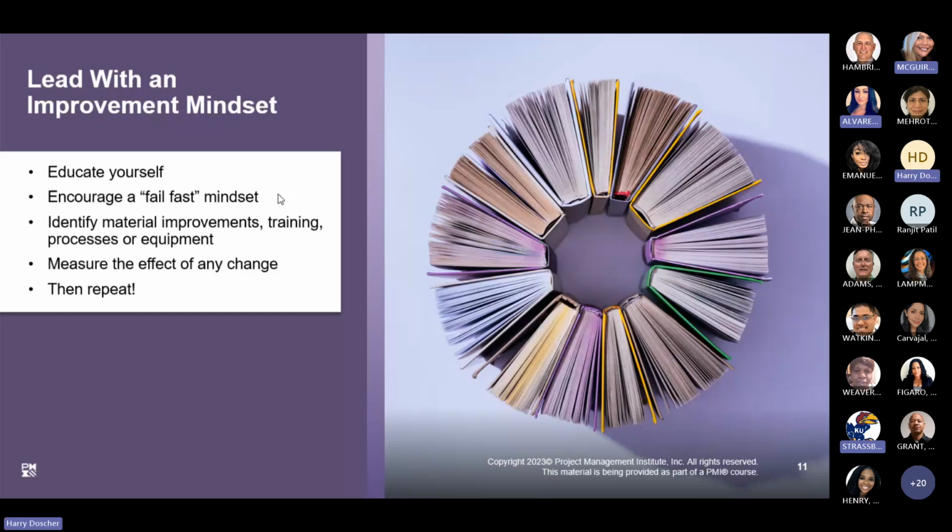Can anybody give me a ballpark number on the number of filaments that Edison and his team tried out before they got a working light bulb? I think it was 100 something. Oh, keep going.